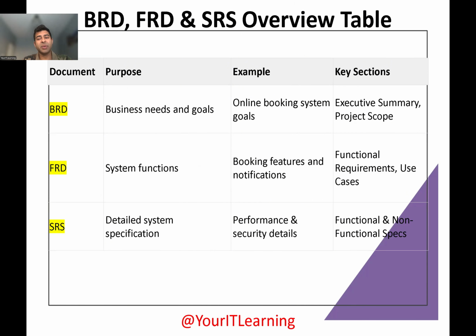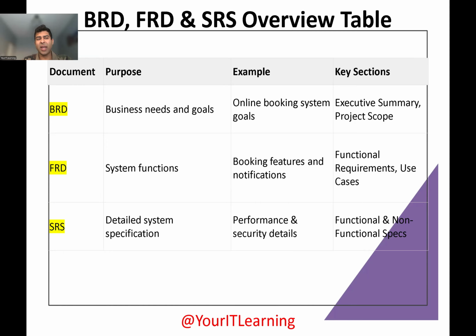The key sections will be functional requirements and use cases. And how is the SRS different from BRD and FRD? The SRS will have detailed system specifications, the example will be performance and security details, and the key sections will be the functional and non-functional specifications. So this is how the BRD, FRD, and SRS distinguish between each other.